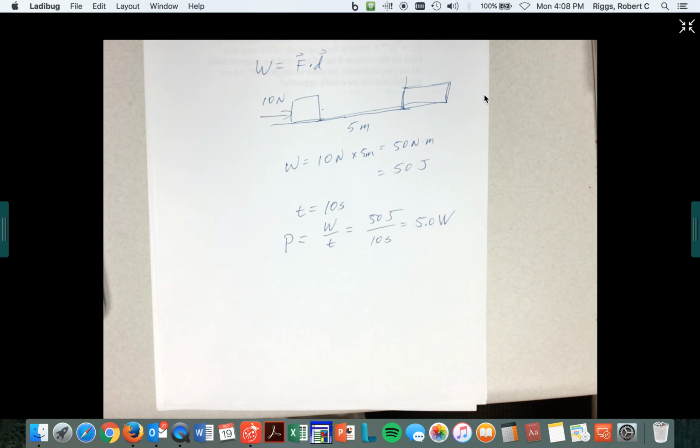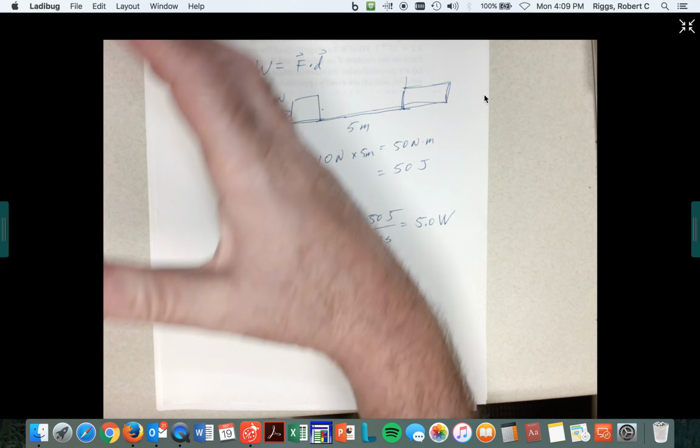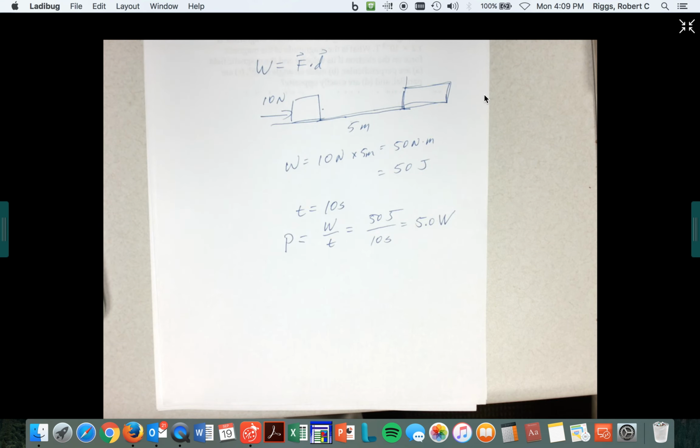I'm going to time how long it takes you to do that. And that's what I'll call a horsepower. That's the amount of weight that you dragged that distance divided by the time, we'll call 1 horsepower.